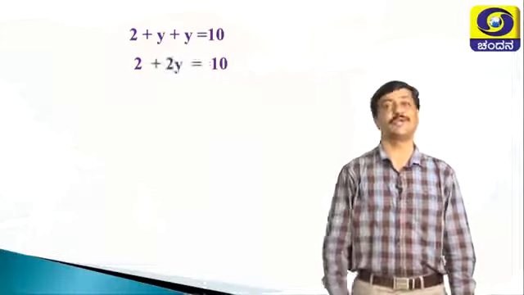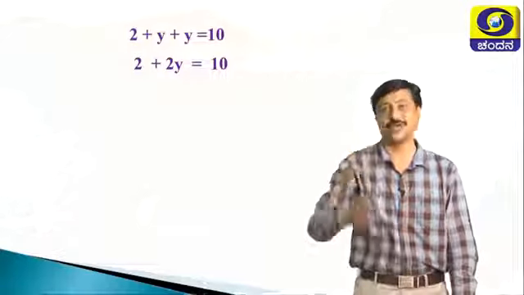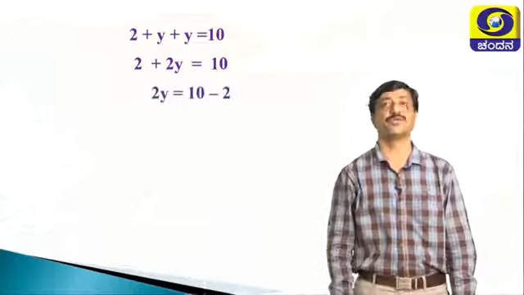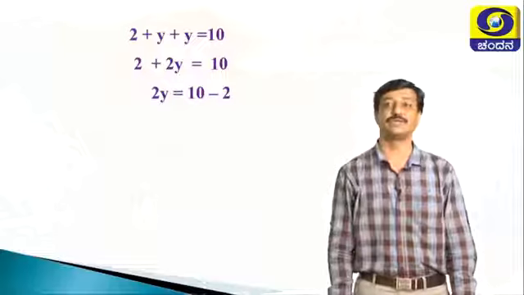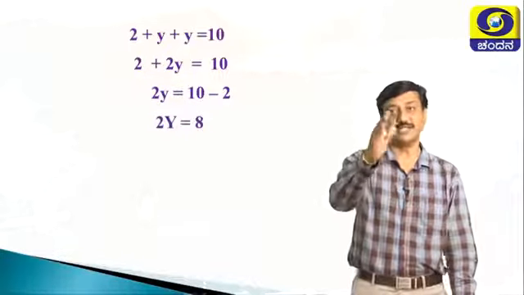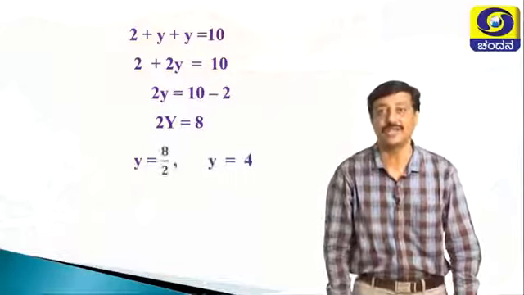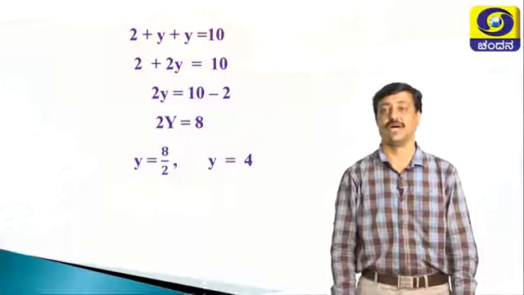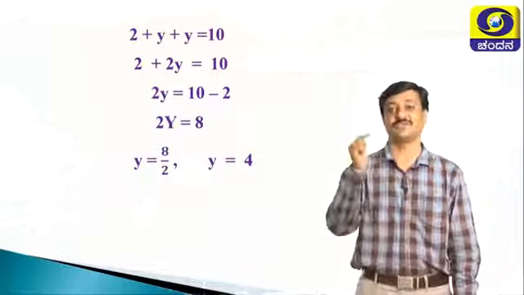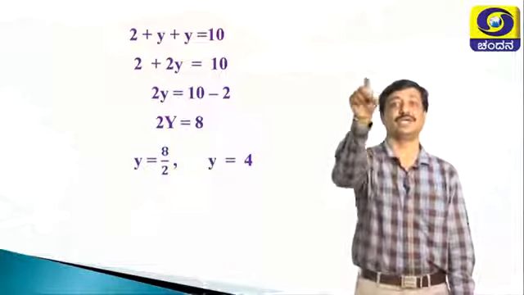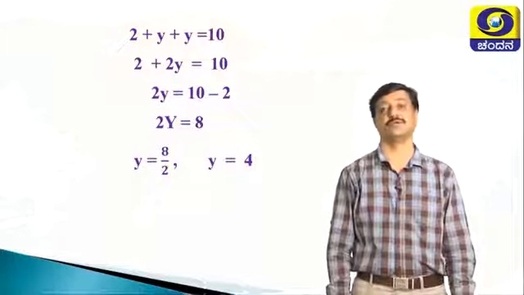So, 2 plus 2y is equal to 10. Now, transpose 2 to the right side, you will get minus 2. Take the difference, 10 minus 2 gives 8, and transposing the 2 again, it goes to the denominator, then you will get the y value as 4. After substituting equation 3 in equation 1, you get y equal to 4.